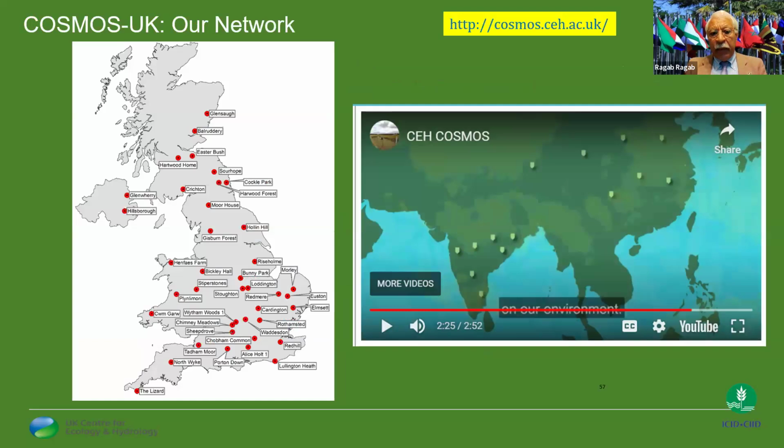And here in the UK, we have about 52, if not more by now, stations for Cosmos. Also, in agreement with China and India, we now have several Cosmos stations across India and China, and currently there are also some stations in Africa, and more work is going on across Africa in particular.